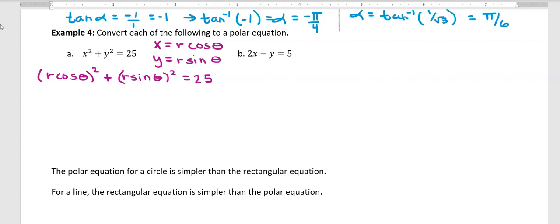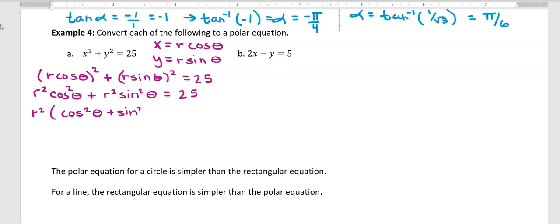So now we can simplify this a little bit. Because the r and the cosine and the r and the sine are multiplying, you can distribute this exponent of a 2. So that's going to become r squared cosine squared plus r squared sine squared, and it's still going to equal 25. At this point, you can factor out an r squared, and you'll have cosine squared plus sine squared remaining.